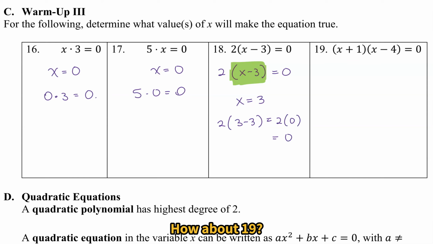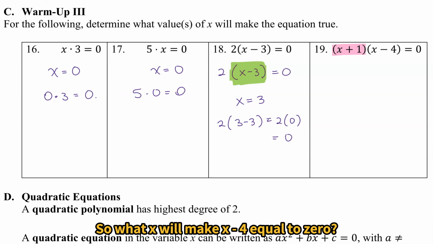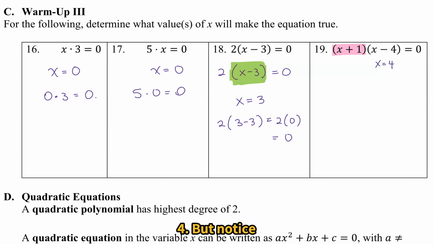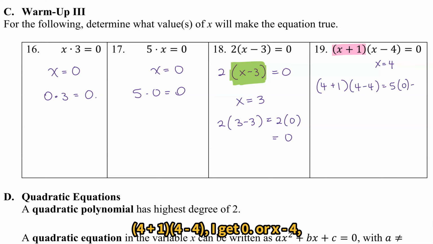And how about 19? We can look at 19 separately. (x plus 1) times (x minus 4) will give me 0. So what x will make x minus 4 equal to 0? 4. But notice I'm going to plug in that 4 in both places. 4 plus 1, 4 minus 4, I get 0. x minus 4 is my quote constant.